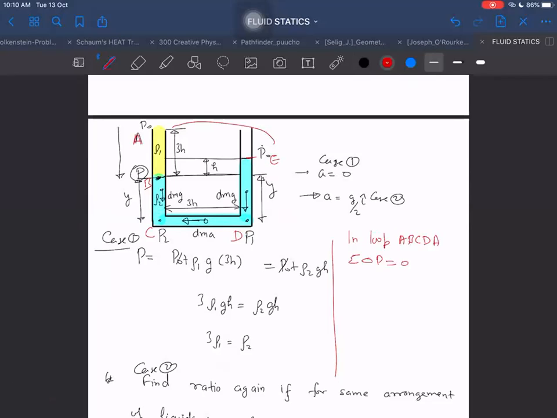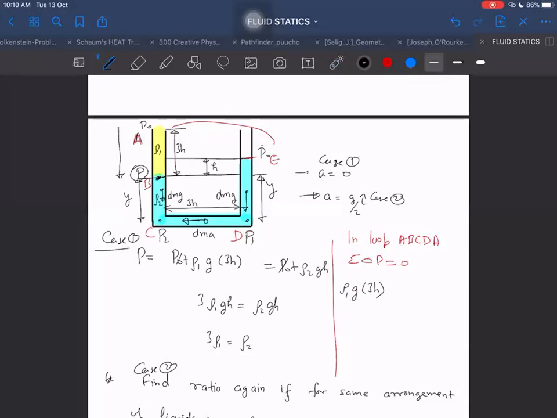As we are going from A to B, is pressure increasing or decreasing? We are going in the direction of gravity. In the direction of gravity or pseudo force, pressure increases. How much is the increase? Rho 1 into g into 3H, plus.